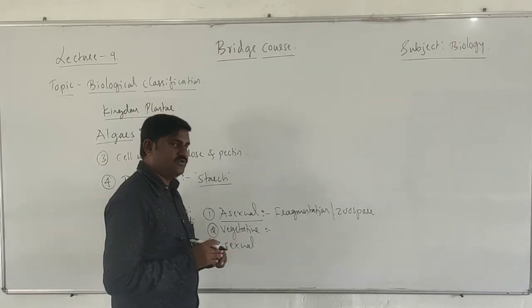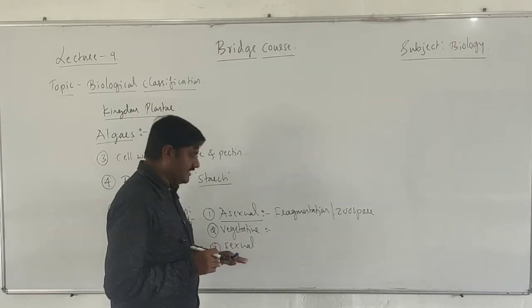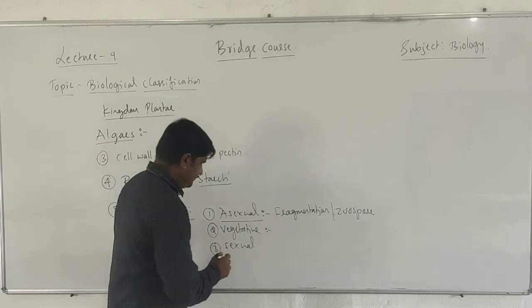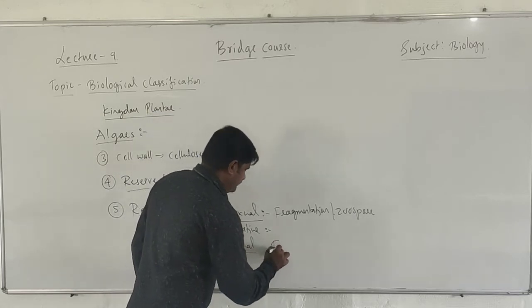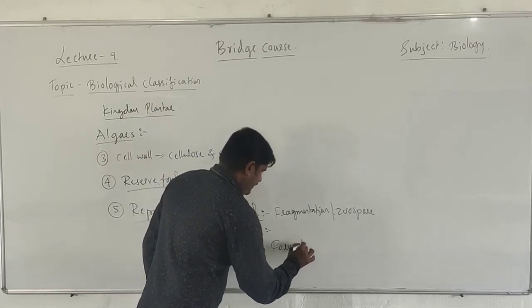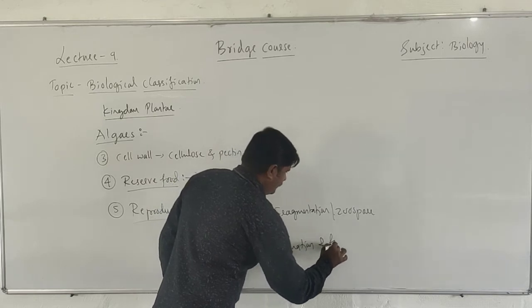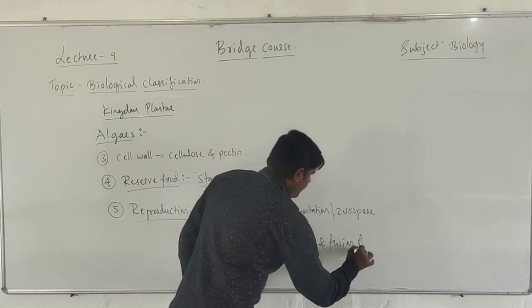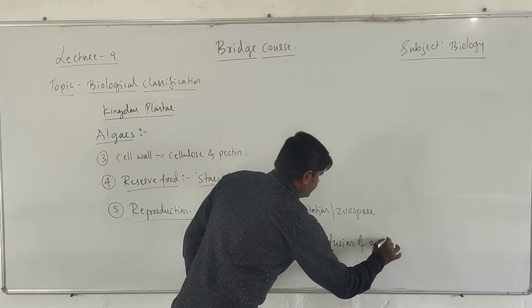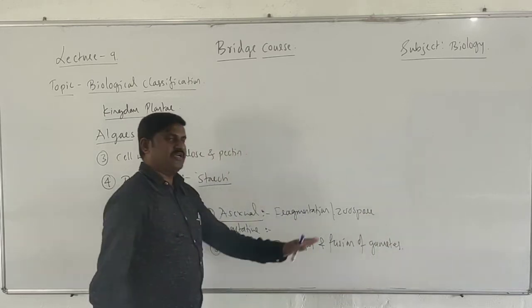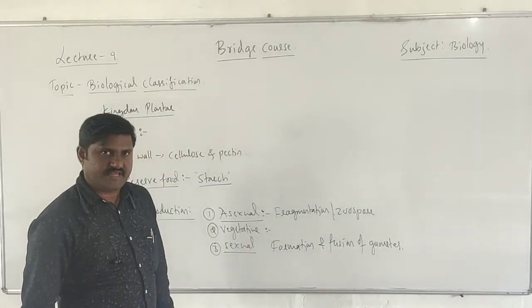That is vegetative reproduction. Next, sexual reproduction. Here formation and fusion of gametes take place.